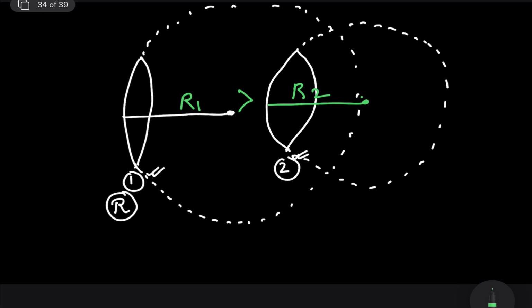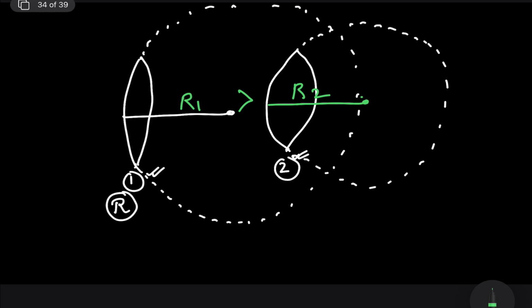But that also means that the power or the converging power of the first lens will be smaller than that of the second lens, right? It will be smaller because the focal length of the first lens will be greater than that of the second lens.